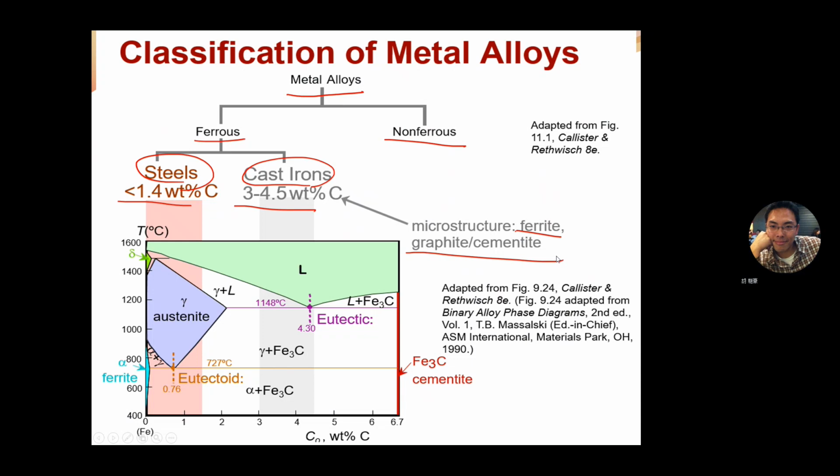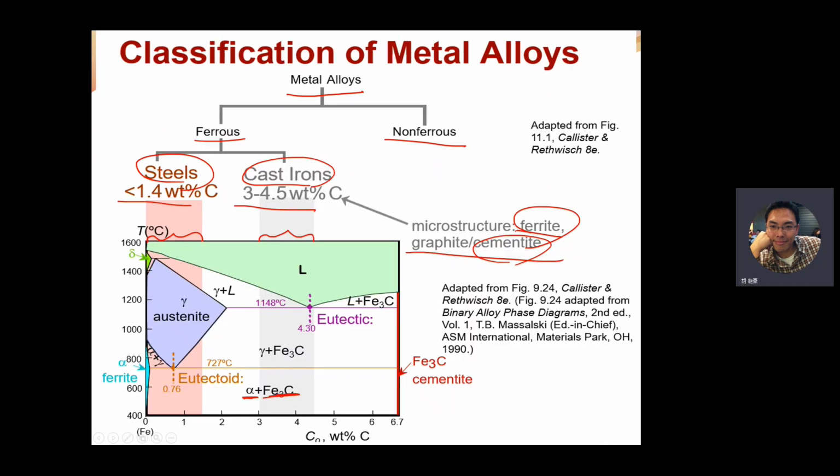Therefore, cast iron has a carbon content from 3 to 4.5, and steel has a carbon content less than 1.4 weight percent. Of course, there is some graphite, carbon, inside.